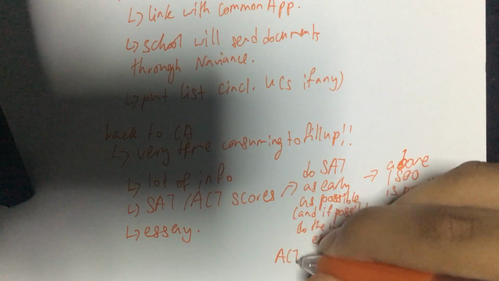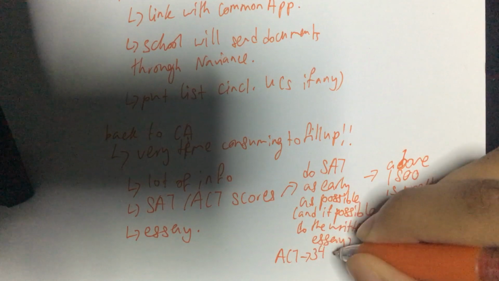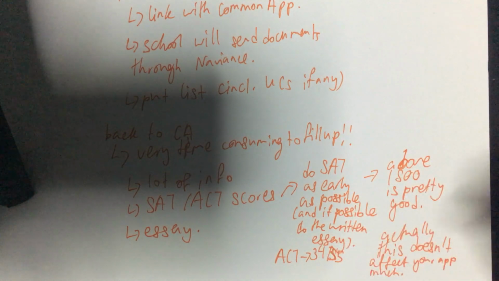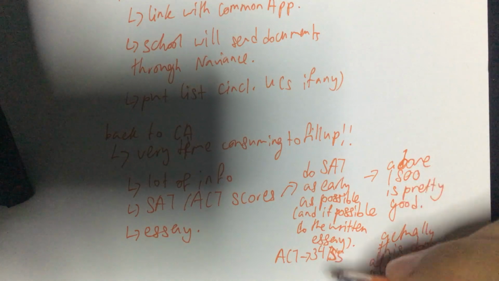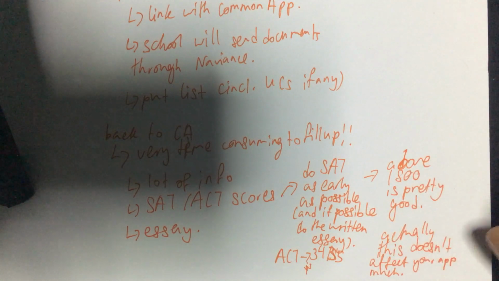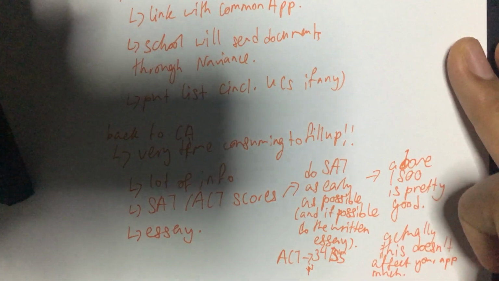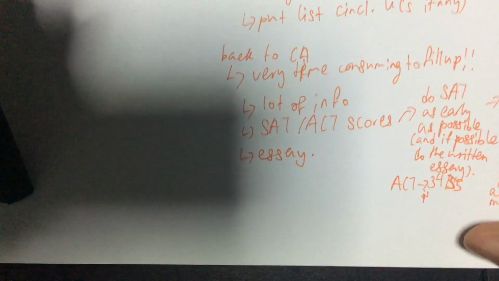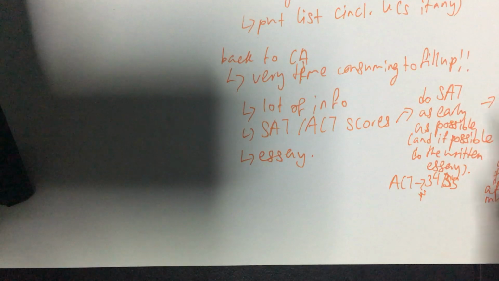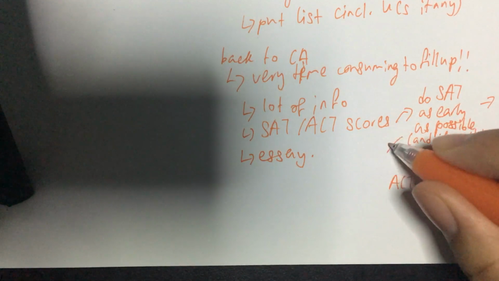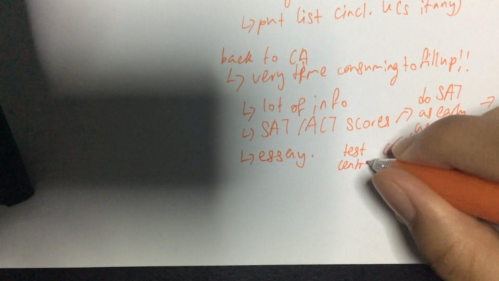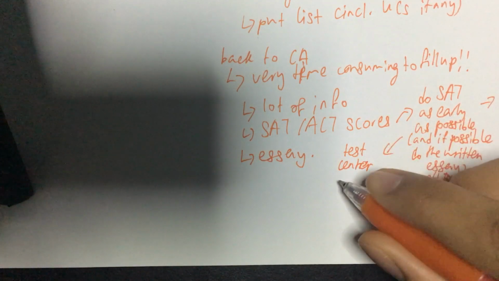But for the SAT, you can apply to do it via the College Board website, and that one also requires a lot of information inputting as usual, but it's a bit better than the Common App itself. So yeah, and you would need to select a test center, and I recommend applying early because sometimes if you're a bit late, there may not be any test centers available in Singapore, because people have already filled up the seats there, and you may need to go to Johor Bahru or something.